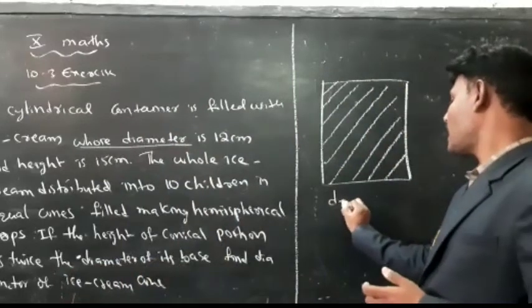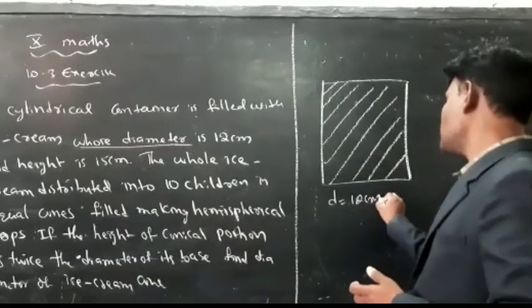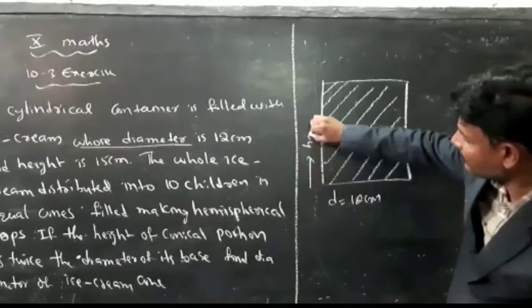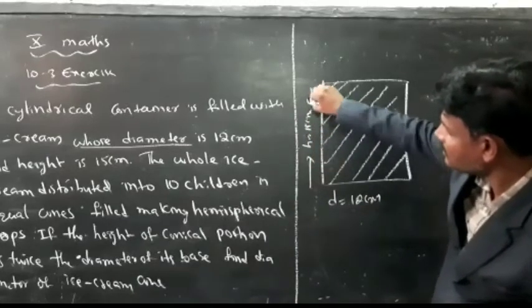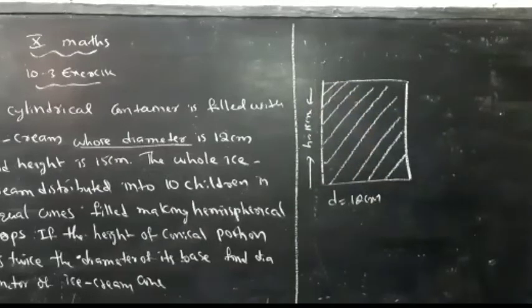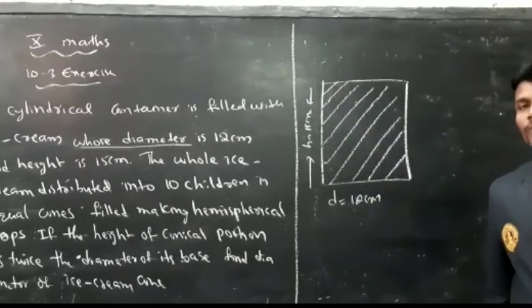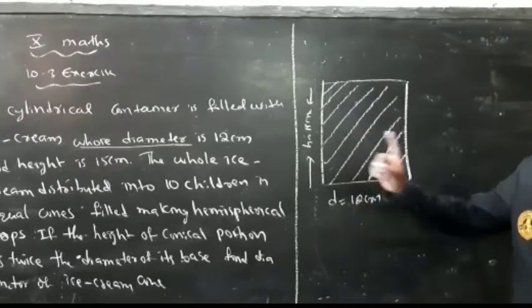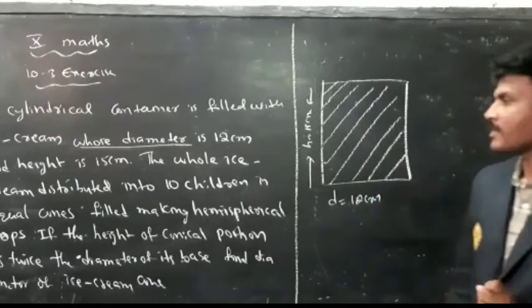So what is the diameter of that cylindrical portion? 12 centimeters, and height h is equal to 15 centimeters.